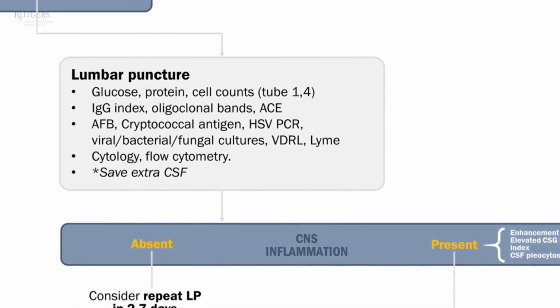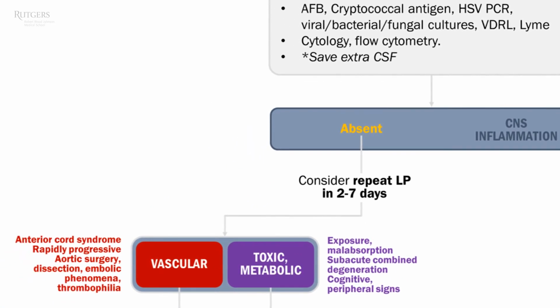If CNS inflammation is absent, consider repeating the lumbar puncture in a week, because it might be too early in the disease course. If there's truly no CSF inflammation, then you're dealing with vascular and toxic metabolic pathologies. Think cord stroke and combined subacute degeneration. Remember that strokes cause anterior cord syndrome, they are rapidly progressive, and are usually caused by aortic surgery, emboli, or thrombophilia.